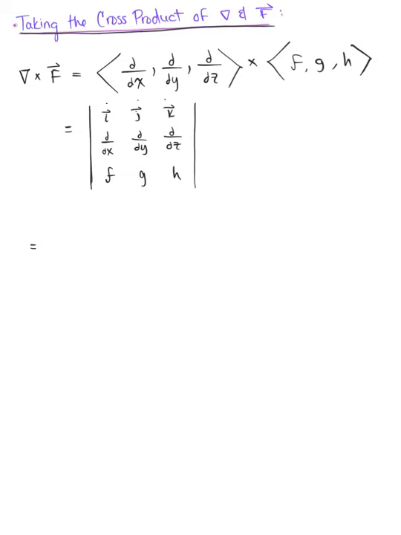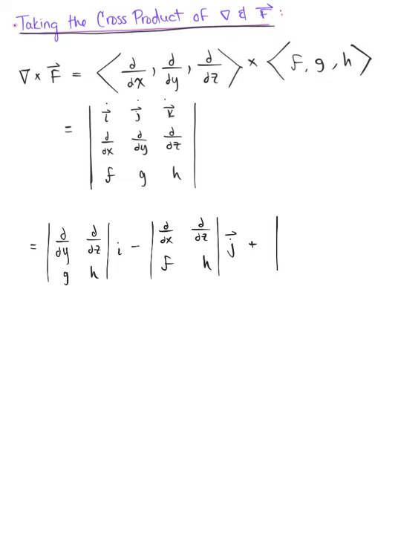We're going to have the 2x2 matrix ddy, ddz, g, h, and this is multiplied by i hat, minus the determinant of that 2x2 matrix, which is defined as ddx, ddz, f, h, multiplied by j hat, plus the determinant of that 2x2 matrix for unit vector k, which is ddx, ddy, f, g, and that's all multiplied by unit vector k.